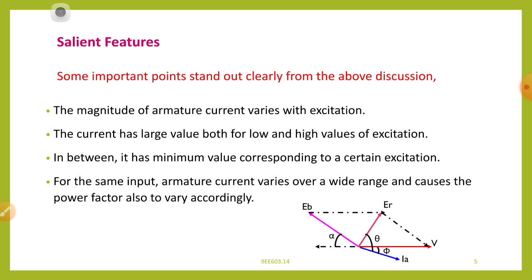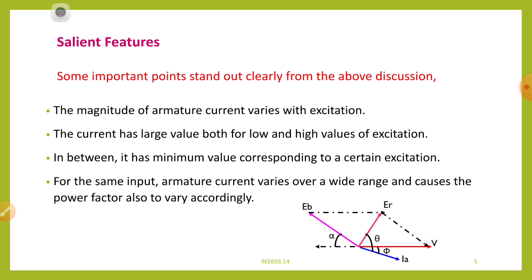The load current and power factor are inversely proportional to each other. For the same supply voltage and the same load on the motor, by changing excitation, the current value changes while keeping the power factor constant.